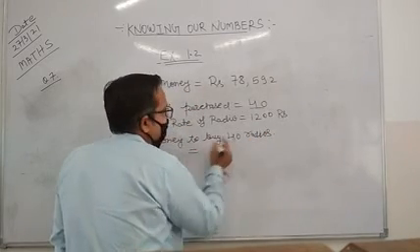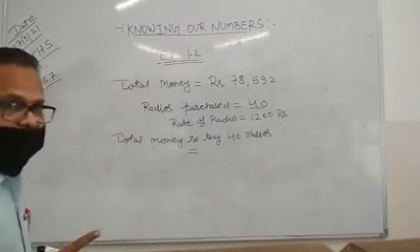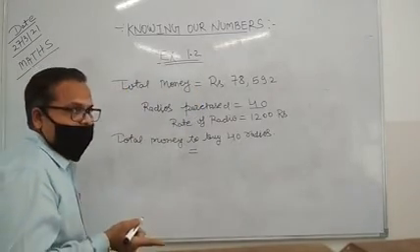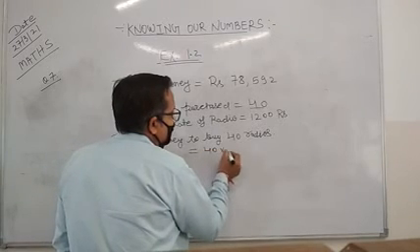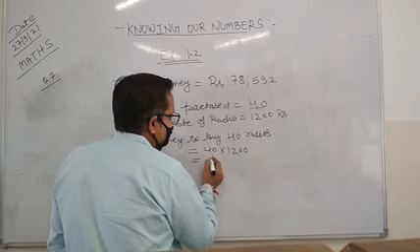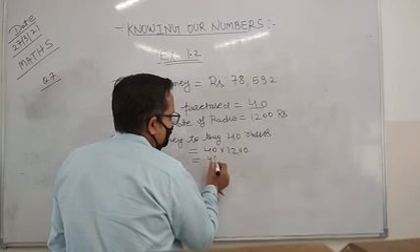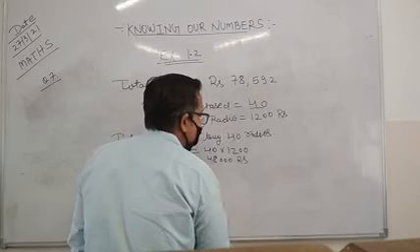How much will it be? 1 is 1200, so what will 40 be? 40 will be multiplied by 1200. That gives you 48,000 rupees. Okay?